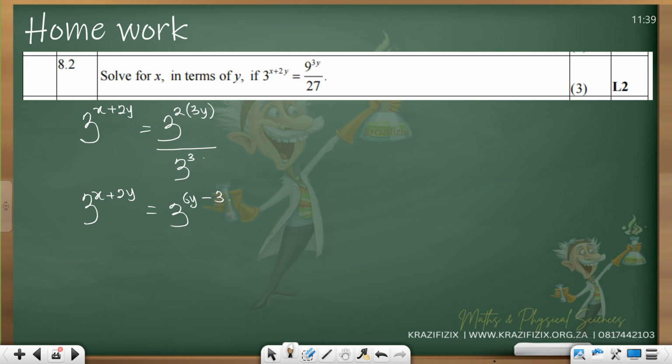If we are dividing, we subtract the exponents if the bases are the same. Now that the bases are equal on both sides, x plus 2y equals 6y minus 3. What is x therefore? Move that over there. 4y minus 3. Oh, not bad. You can see this is a level 2 question.